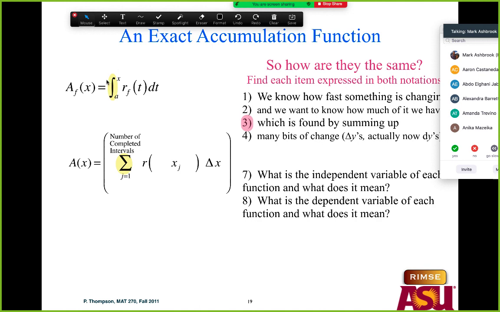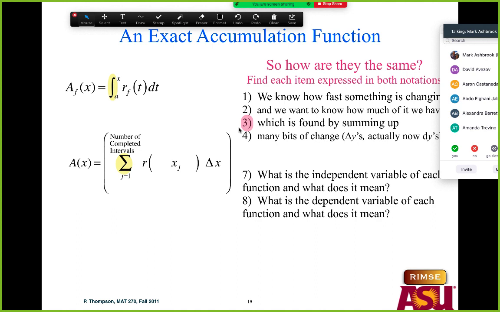This is maybe the most important question, and it's the one that students struggle the most with. Where in each of these do we see a bit of change or a little bit of accumulation? Not quite.